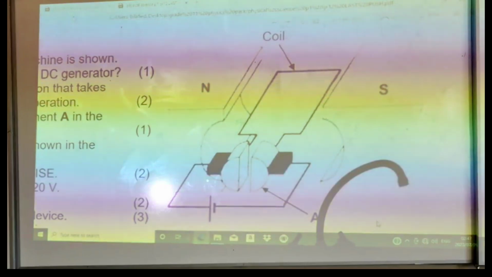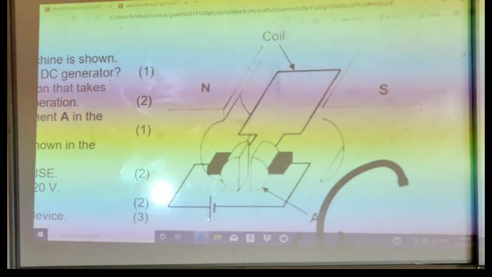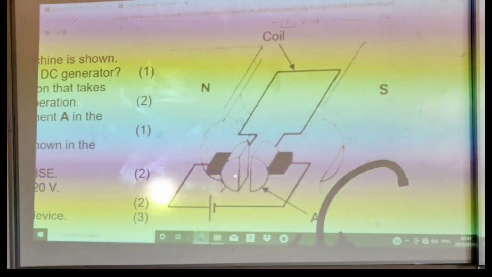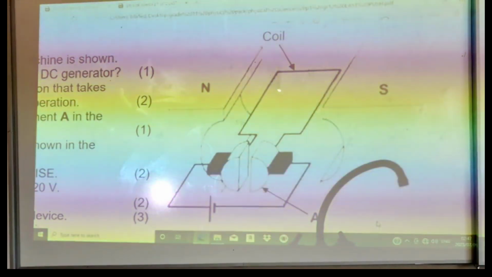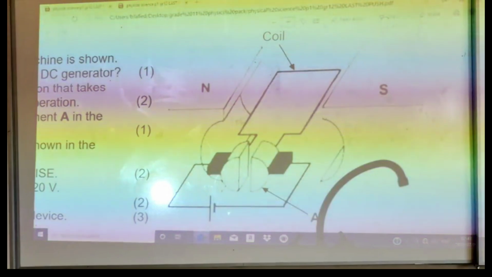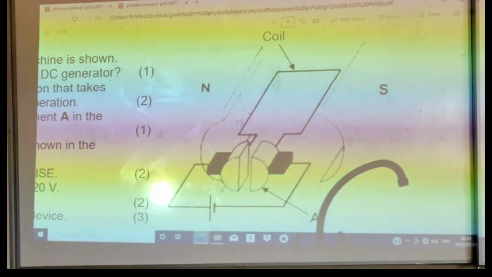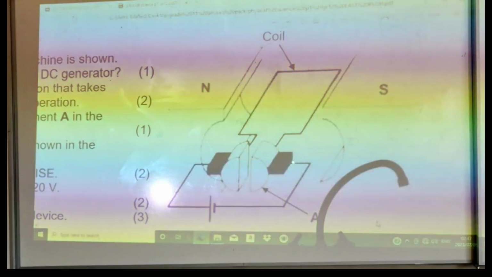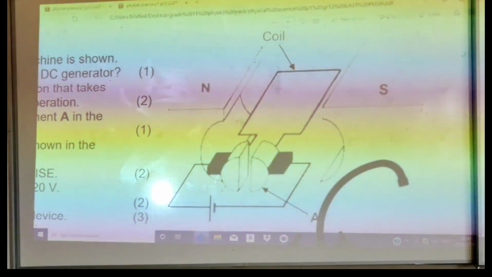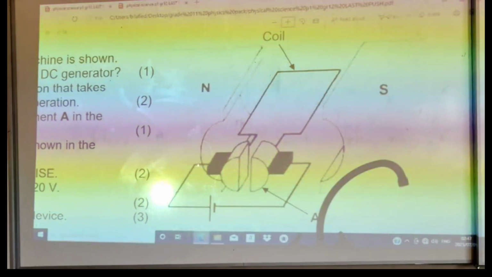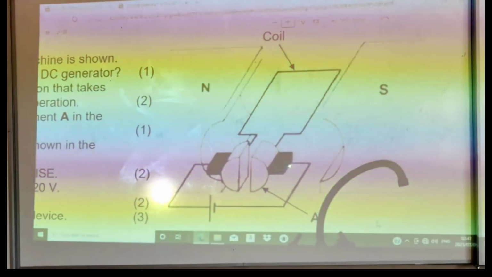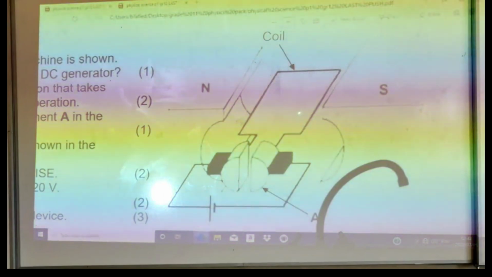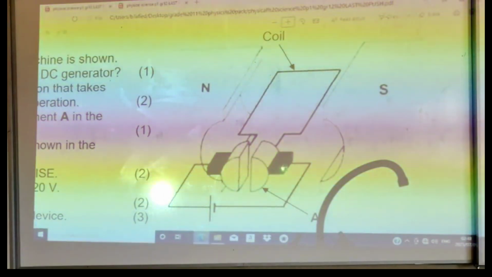Why is it a motor? It's because you can see here we've got a battery. We've got a source of energy. So this thing is going to operate because of this energy here. You can see this is an electric circuit, and the carbon brushes are connected with what? With this current-carrying wire. You can see that the wire is coming out from the coil through the carbon brush.